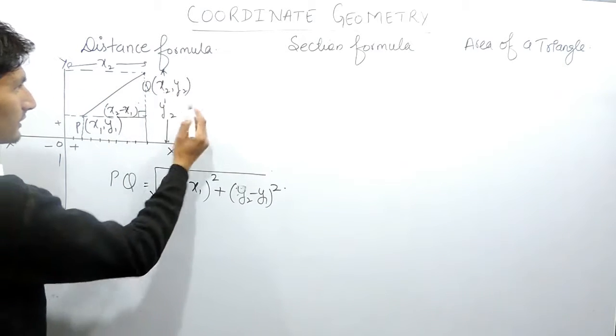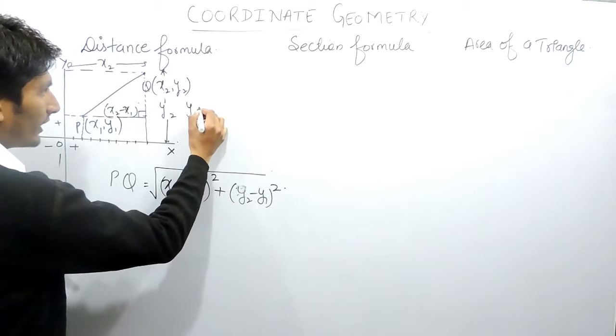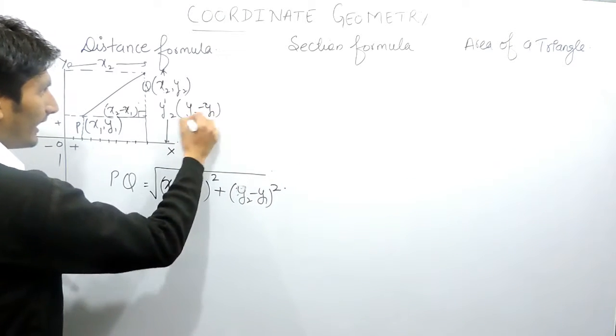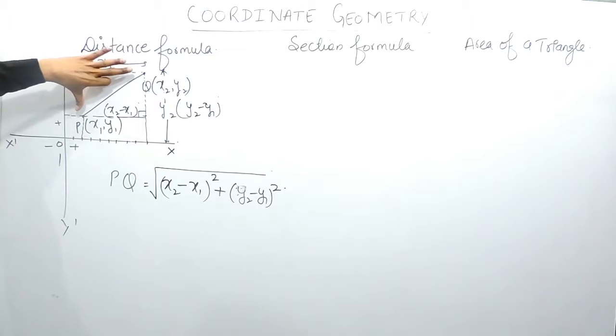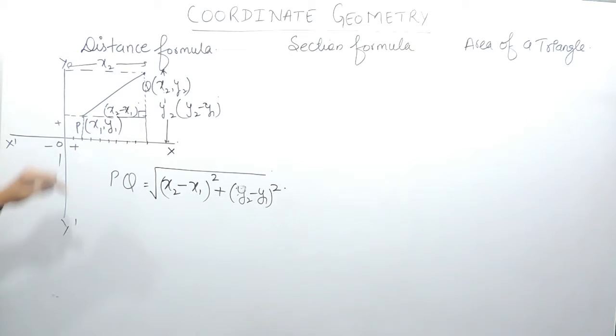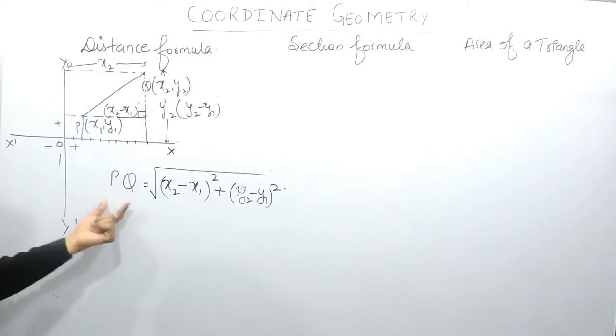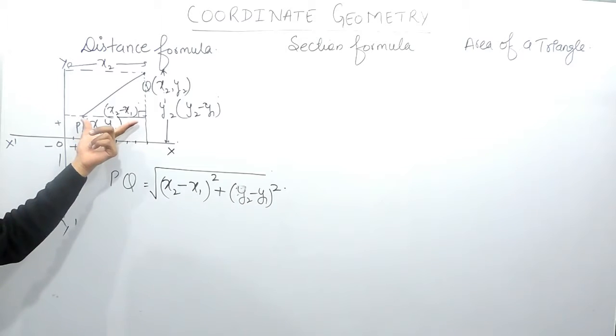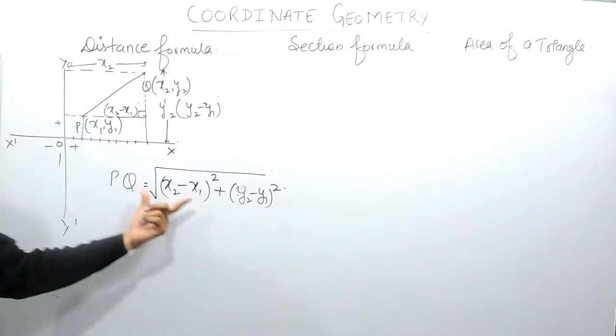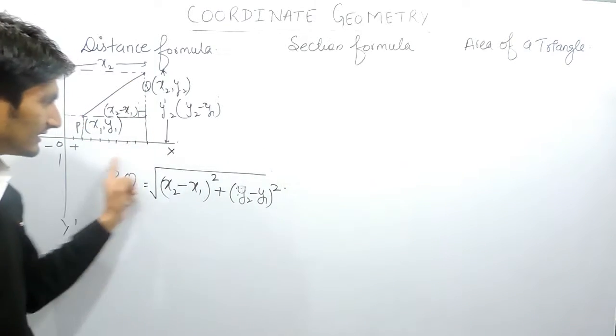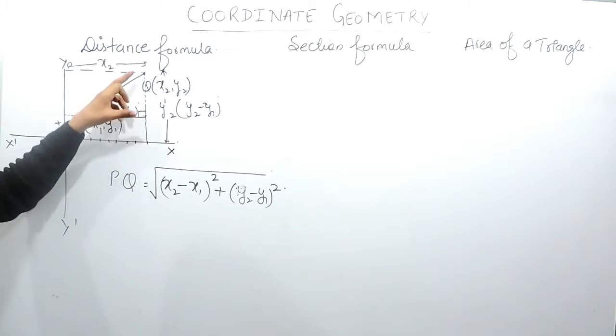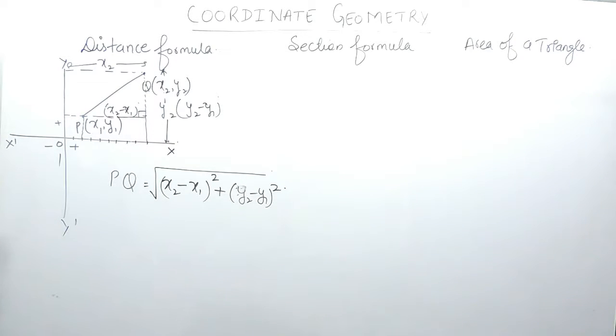So this distance must be y2 minus y1. To find the distance between P and Q, I can use the Pythagoras theorem, where the square of the hypotenuse PQ must be equal to the sum of the squares of these two sides. So this can be concluded using the Pythagoras theorem.